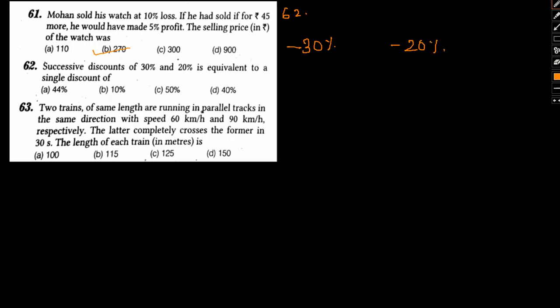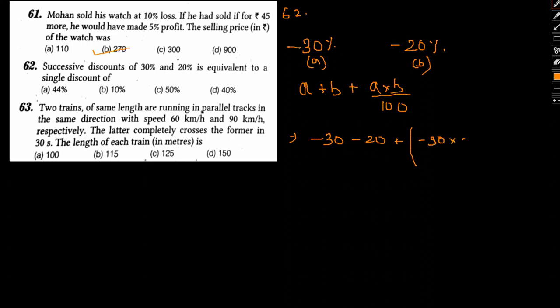Now for successive percentage change, the formula is A plus B plus A into B by 100. So here let's suppose 30 is A and 20 is B. Therefore we can write minus 30 minus 20 plus minus 30 into minus 20 by 100. This can be further written as minus 50 minus 600 by 100, so minus into minus will become plus.